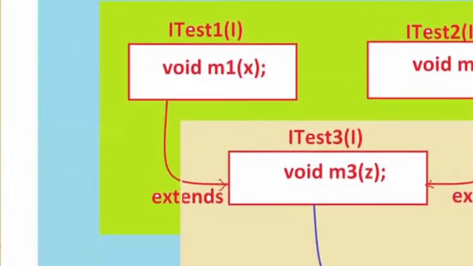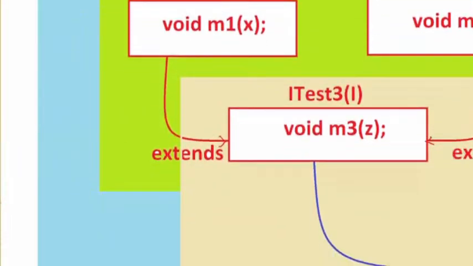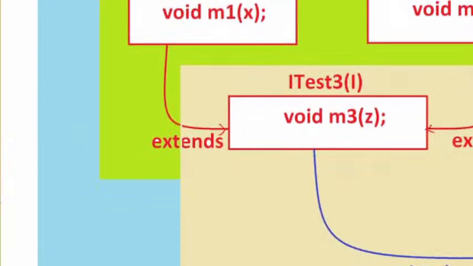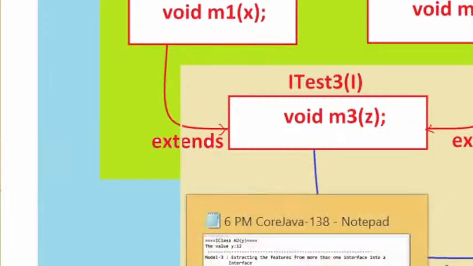So now M1, M2, M3 are all available to I class. I class has to construct the body for all the methods. Now this one will be the last model.